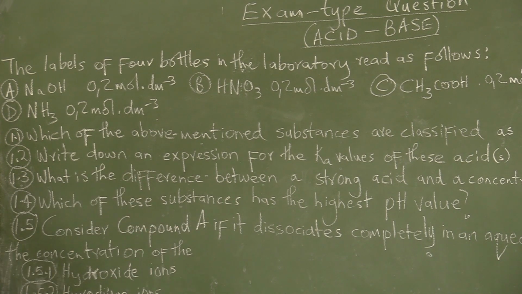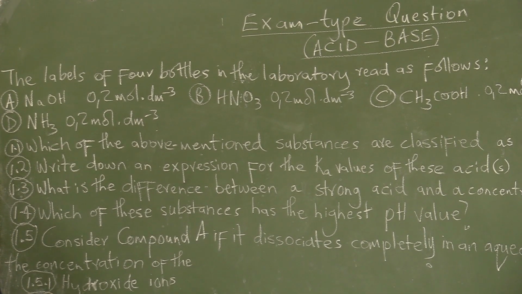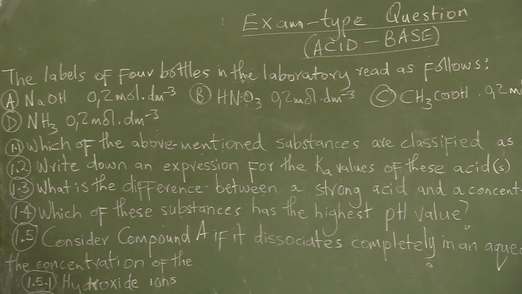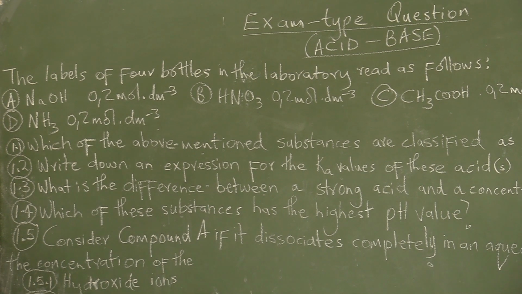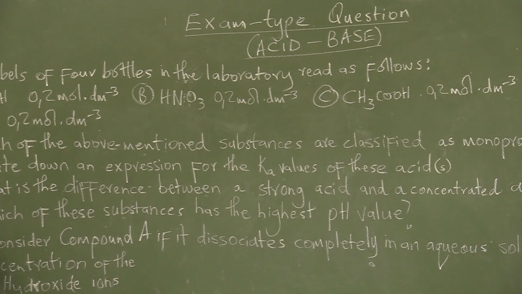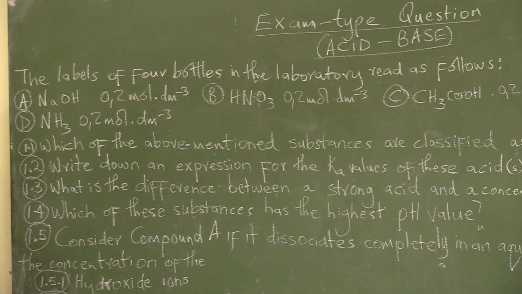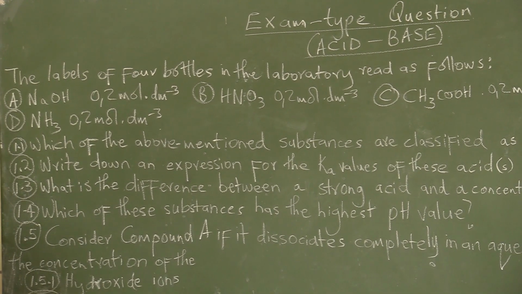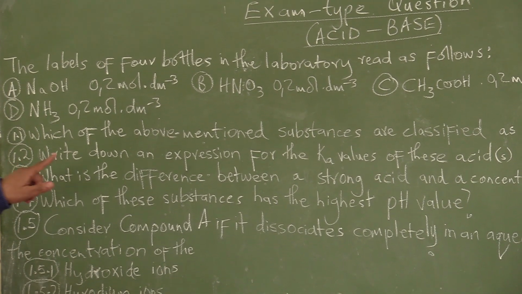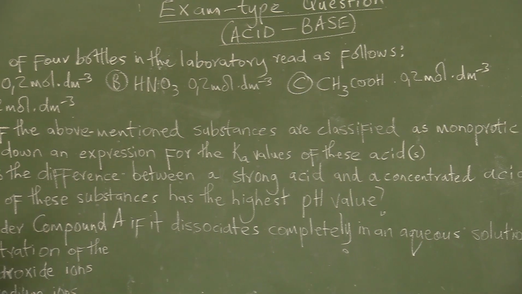C is vinegar, ethanoic acid, concentration yakona is 0.2 mole per cubic decimeter, and ammonia concentration yakona is 0.2 mole per cubic decimeter. Now bayabuza ke 1.1, which of the above mentioned substances are classified as monoprotic?